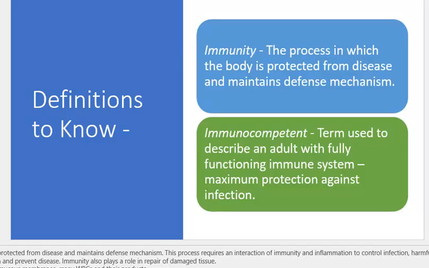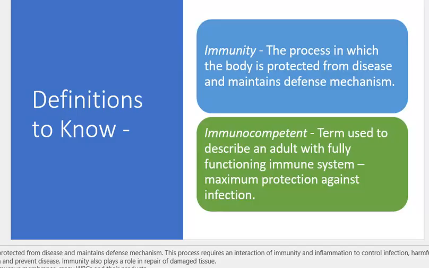Immunity also plays a role in repair of damaged tissue. Components of immunity would be your intact skin, mucous membranes, and many WBCs and their products. Our bodies can identify self versus non-self. Increased immunity leads to hypersensitivity and autoimmune disorders.